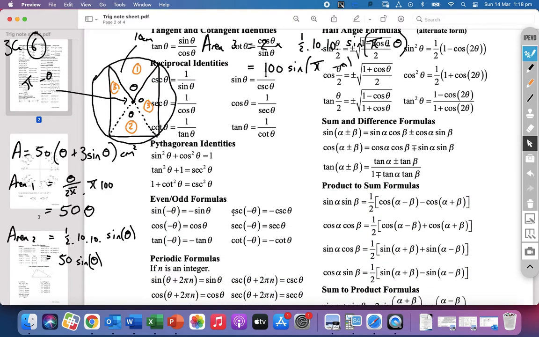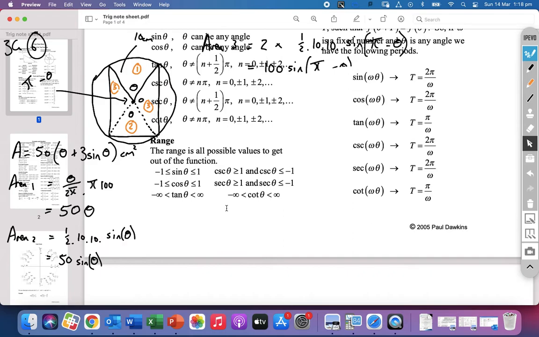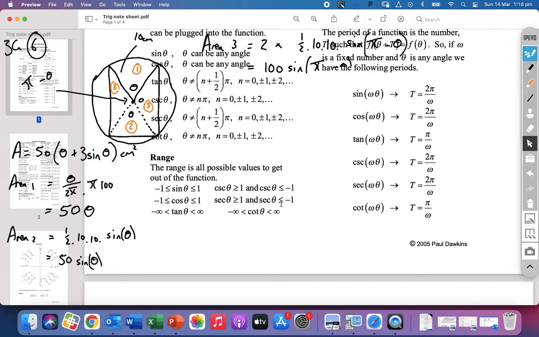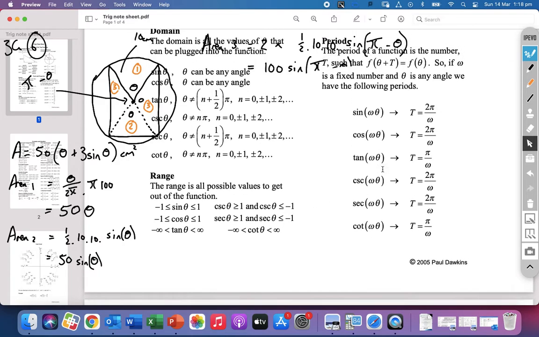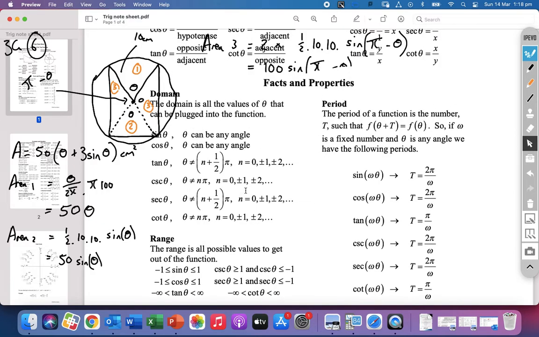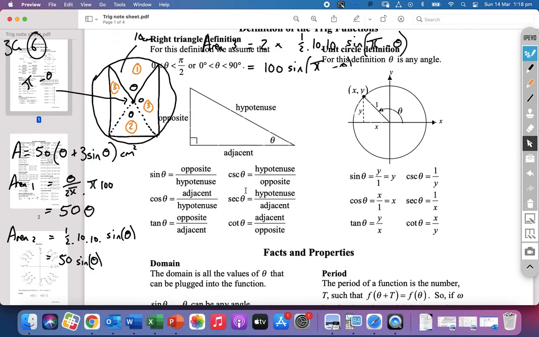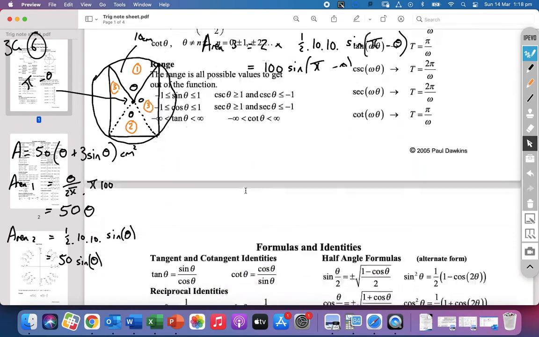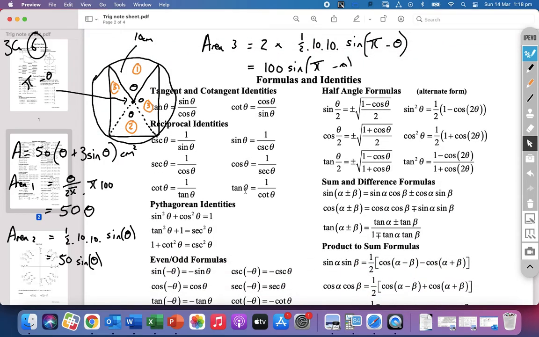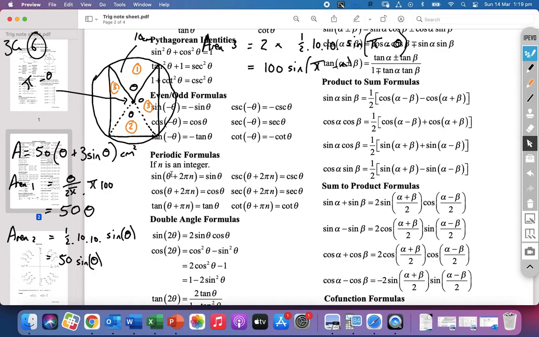It's sort of similar to the even odd formulas. Range, the period, domain. No, that's not useful. What was that? I saw something before that was similar, like the plus 2 pi n.